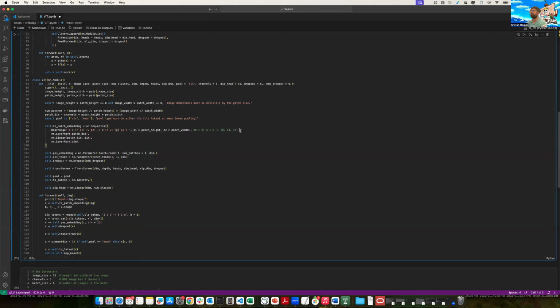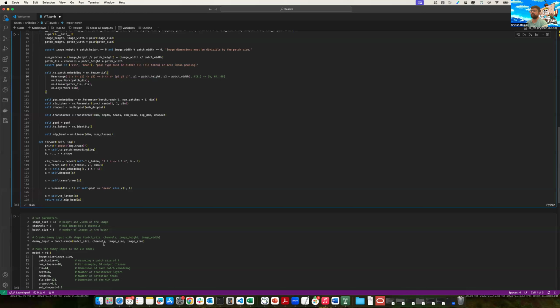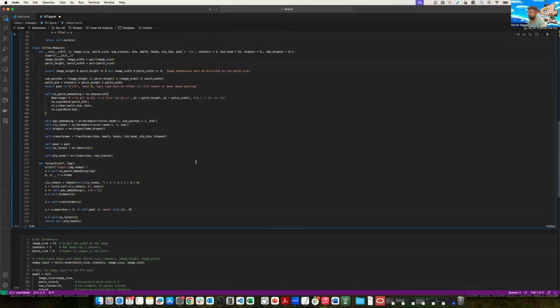What does it mean, right? Basically now from the initial 8 cross 3 cross 32 cross 32, we rearrange it to 8 cross 64 cross 48.